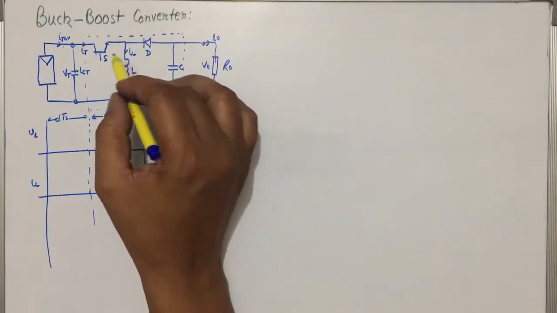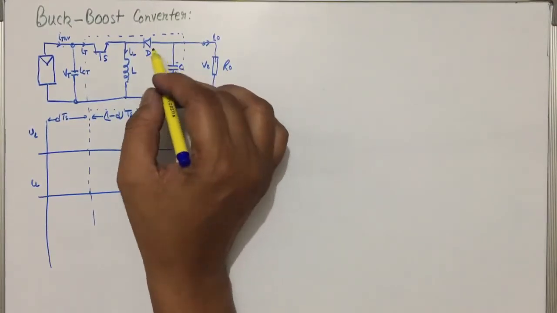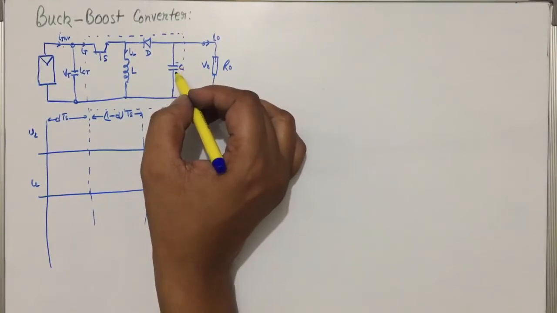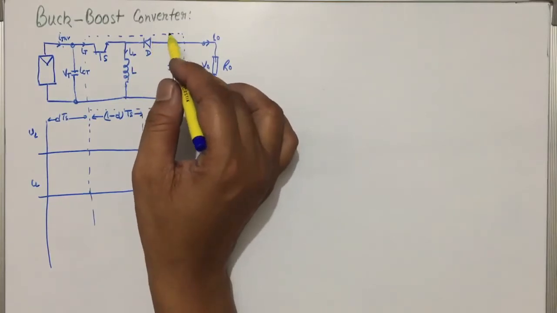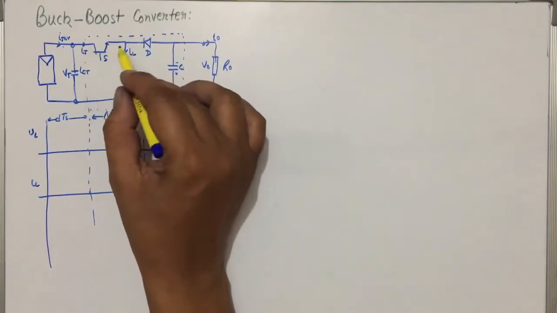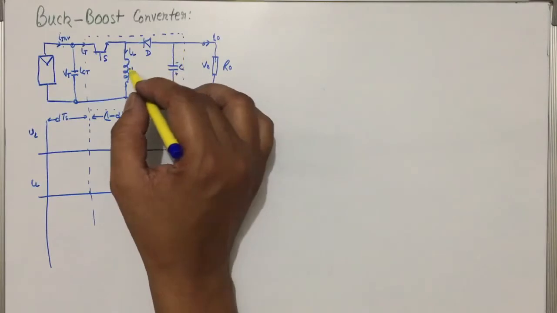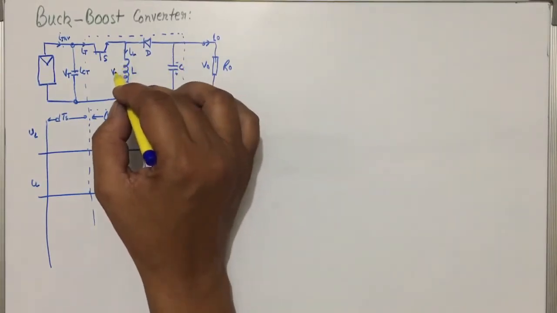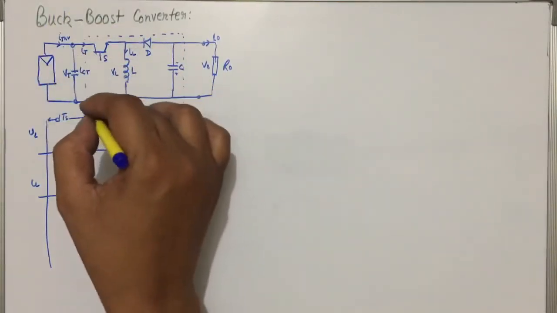And when it is off, in that case it will start discharging, and if it starts discharging then it will be negative polarity. So it will be reverse biased, it will block the current. So the current that is coming from here, IT, will have only one path, that is IL. So the voltage across this will be V input, because there is no drop at all, no other voltage drop.